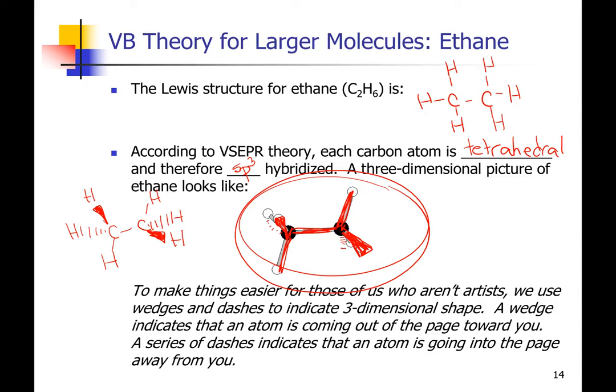Now, when you're doing the wedge and dash notation, it doesn't matter exactly how you've rotated the molecule around. It does, however, matter what the relative positions are of the 2 straight lines versus the wedge and the dash coming out from that central atom.